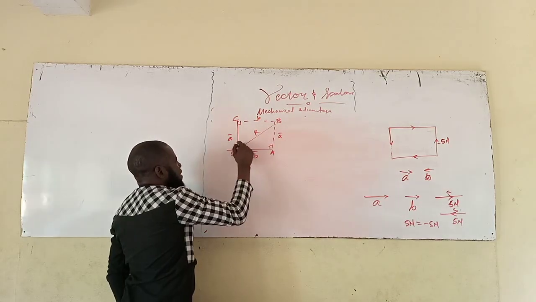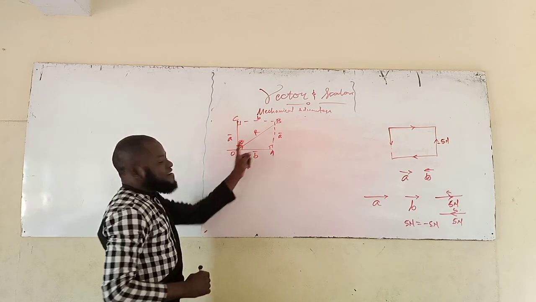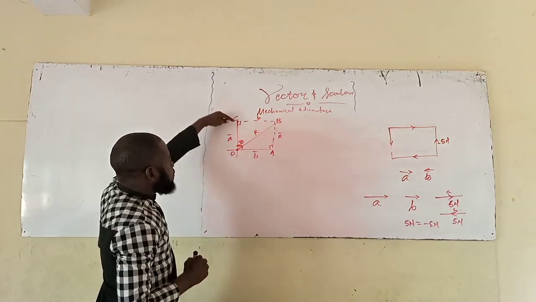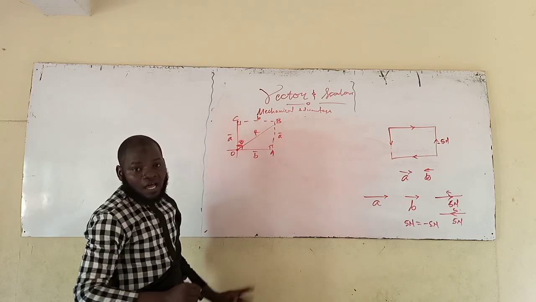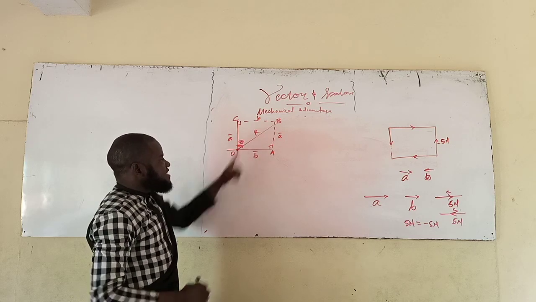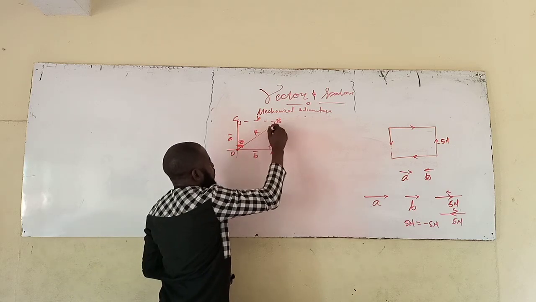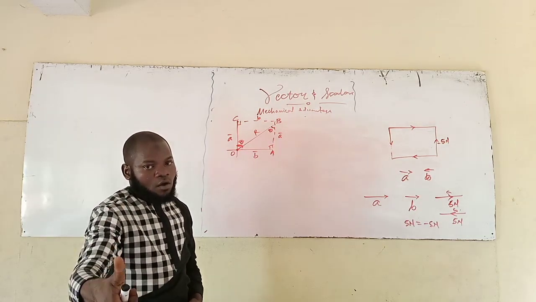Now, this is the direction of this resultant, known as theta. Why is the direction here? You read your angle with respect to the North Pole and the South Pole. So if I start reading here, I'm going to stop somewhere here. So if here is theta, here will also be theta, because alternate angles are equal.